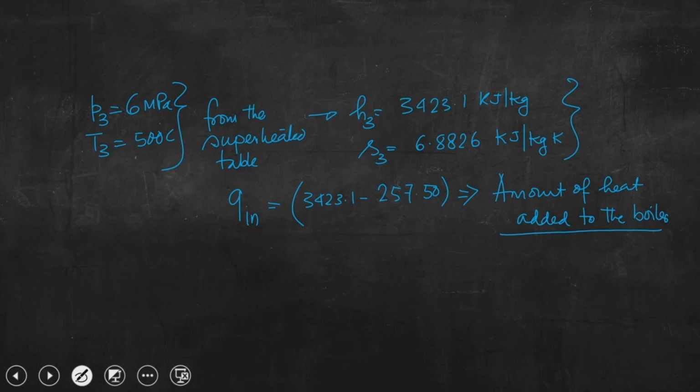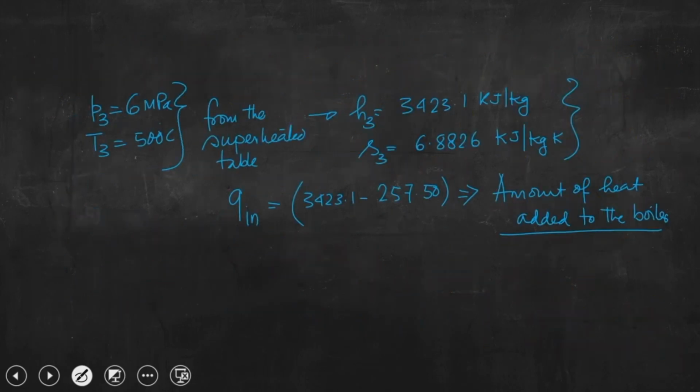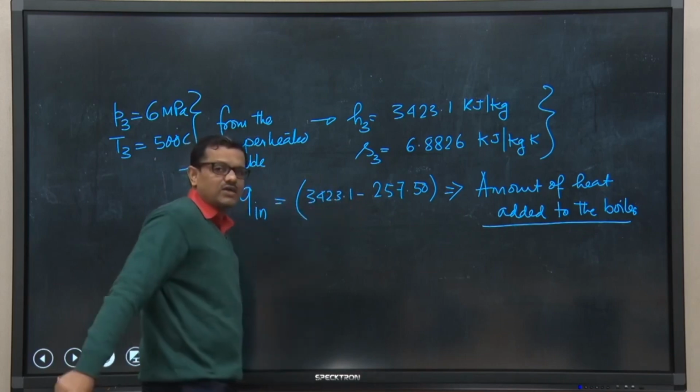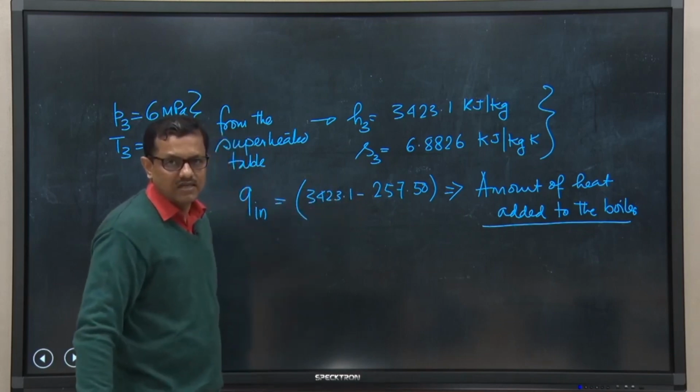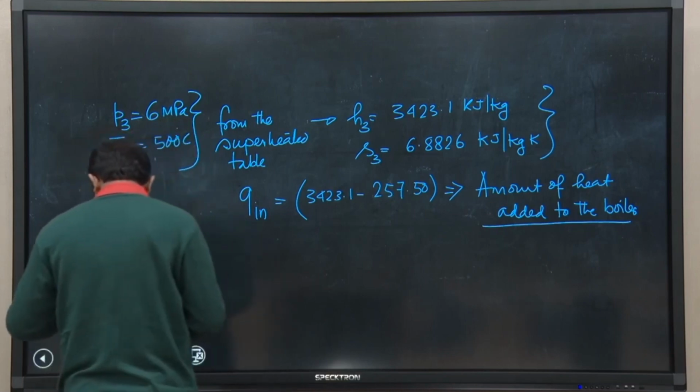If we go back to the problem statement, you know the rate of heat addition. This is the total amount of heat added to the boiler, but if we know the mass flow rate of the working substance and multiply this quantity with that m dot, then we can calculate the rate at which heat is added to the cycle. So, this is the heat addition.